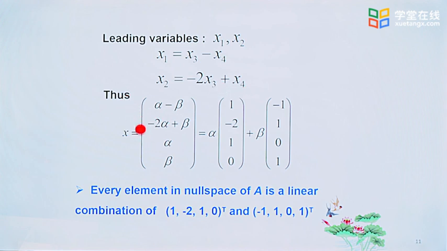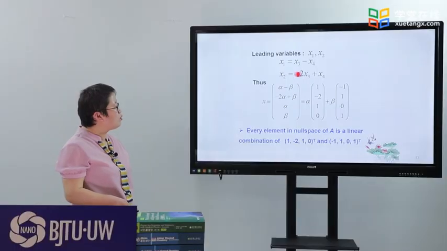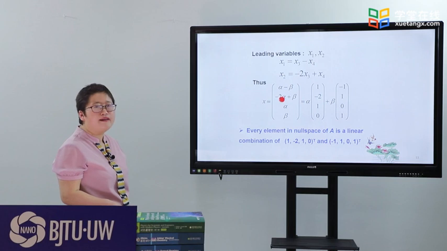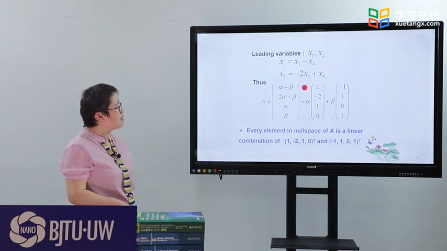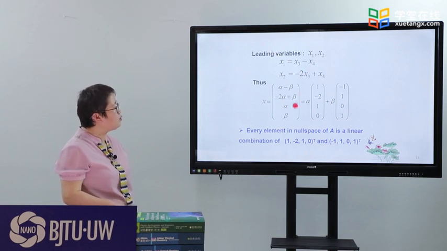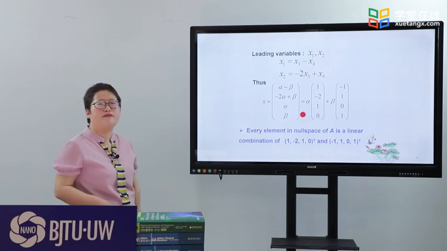Thus, we can write x in this form. We take x3 equals alpha and x4 equals beta. Then x1 equals alpha minus beta, and x2 equals minus 2 alpha plus beta, with x3 equals alpha and x4 equals beta.